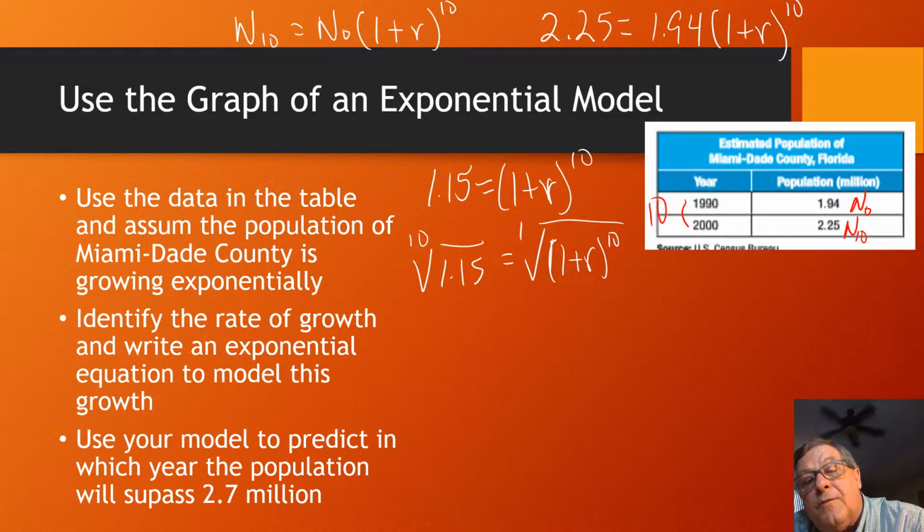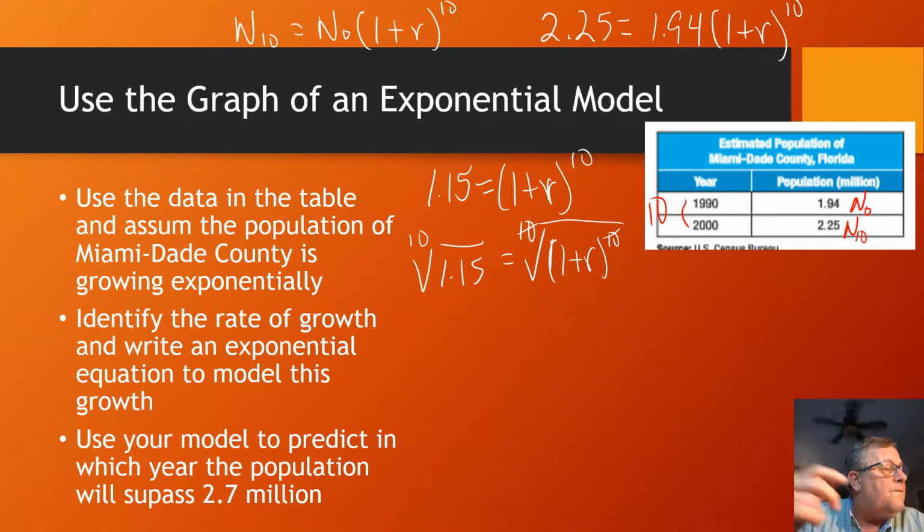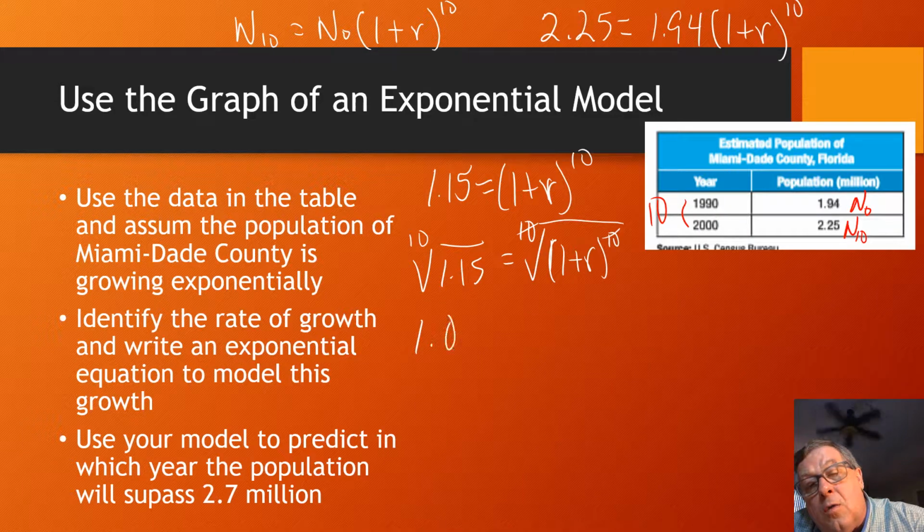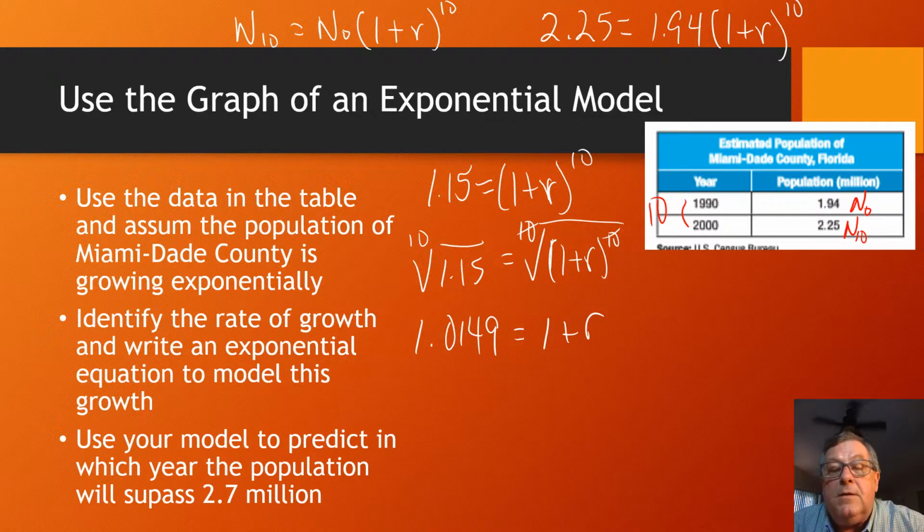Taking the 10th root of that serves to cancel out the 10th power. And the 10th root of 1.15 is 1.0149 rounded off, which equals 1 plus the rate.